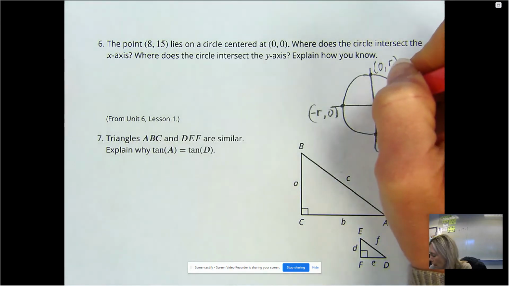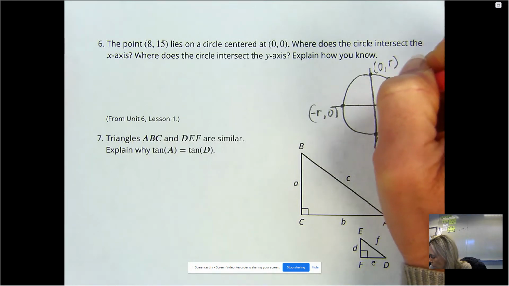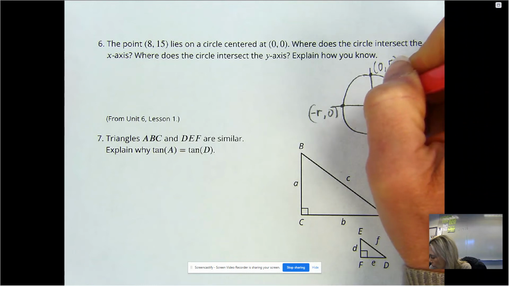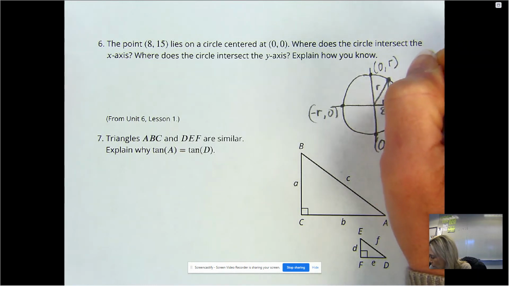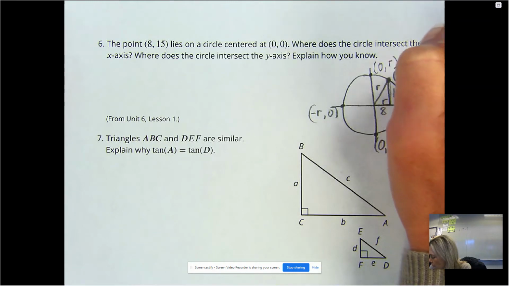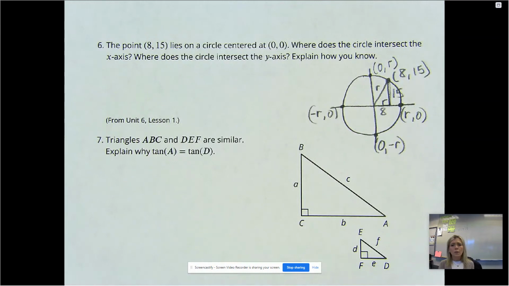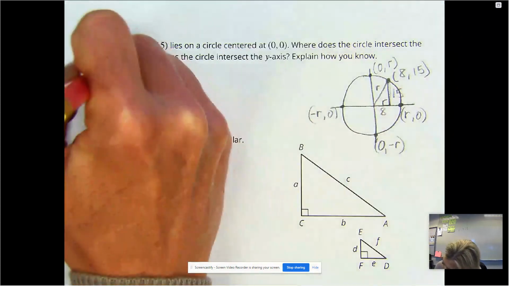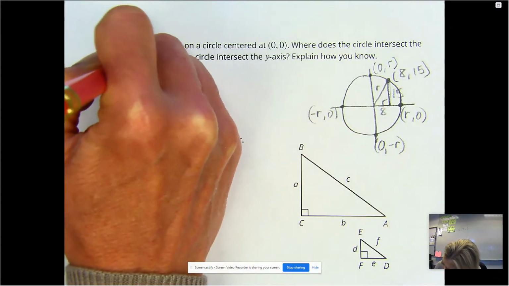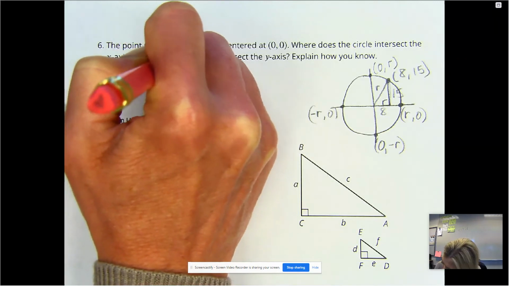So if the point is at (8, 15), I'm just kind of going to make up the coordinates there, then this length here is the radius. So if this is 8 and this is 15, that makes this the point (8, 15). And so we can figure out the radius of the circle using the Pythagorean theorem. So I know r squared right here is equal to 8 squared plus 15 squared.